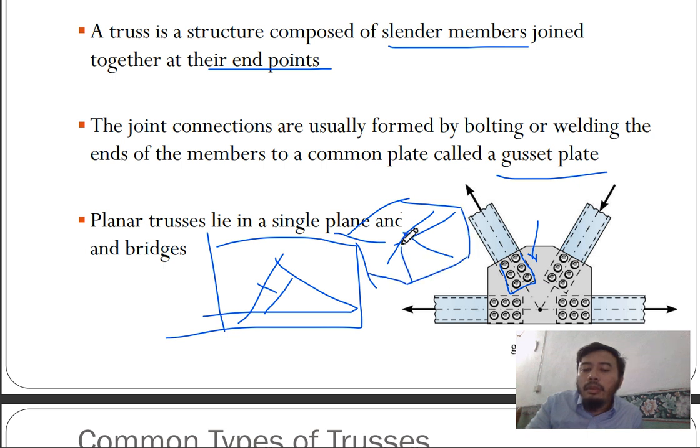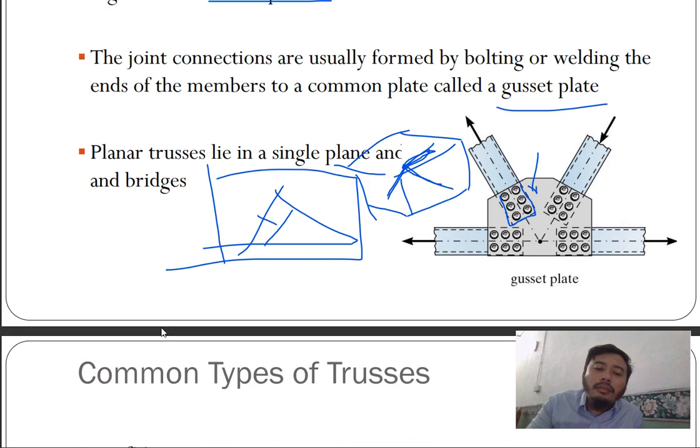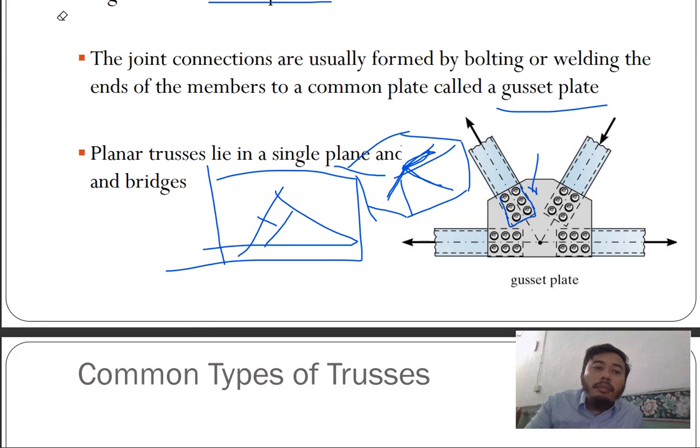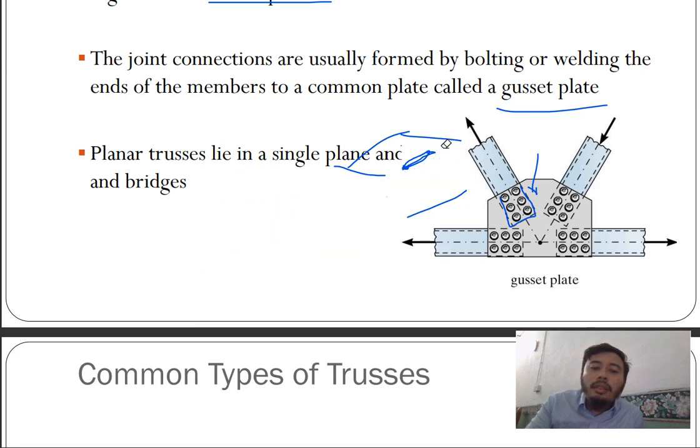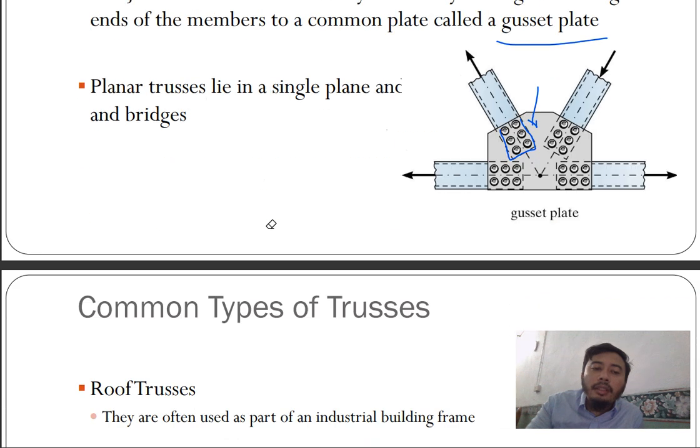So the trusses lie on many planes. But mostly what you want to analyze is the planar trusses or coplanar trusses.